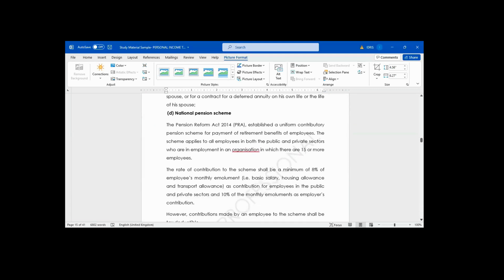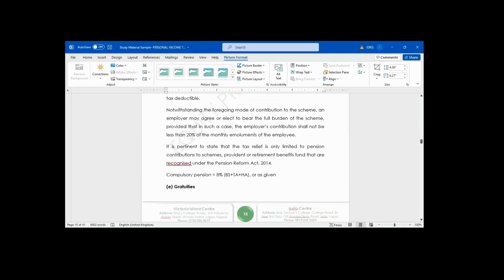When you add your basic, housing and transport allowance together, 8% of it is what our employer deducts from our salary. That 8% deducted is a tax exempt. We are going to use it.